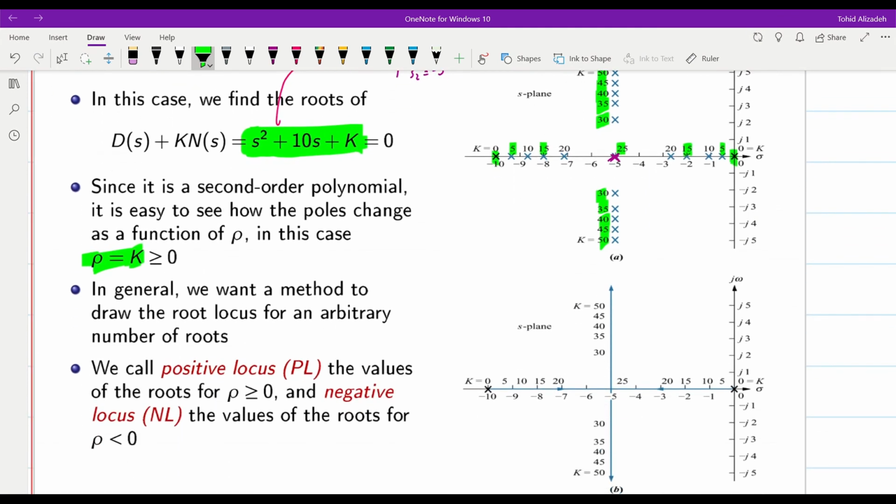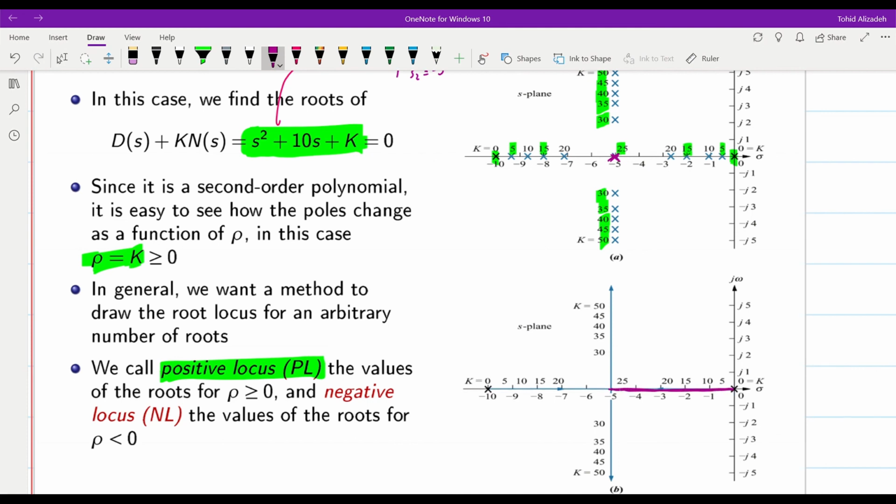If we change the value of k very gradually and then connect the location of the poles that we get to each other through a line, we will get the positive locus curve, or the Root-Locus curve. And if we do so, we will get this. So for one pole, it will start from 0.